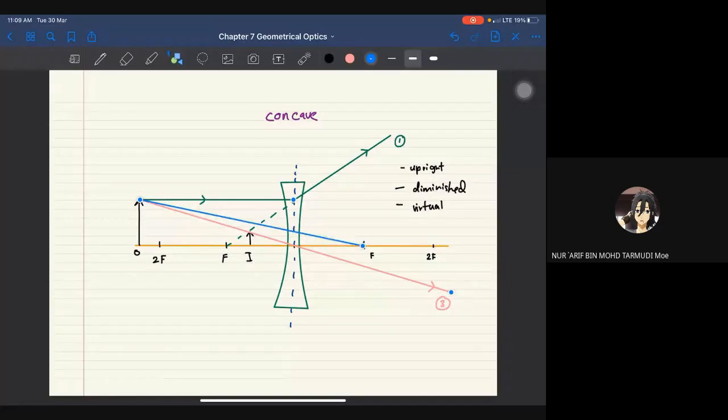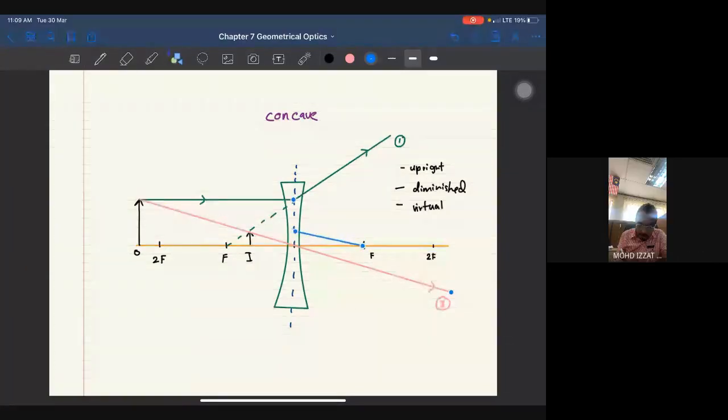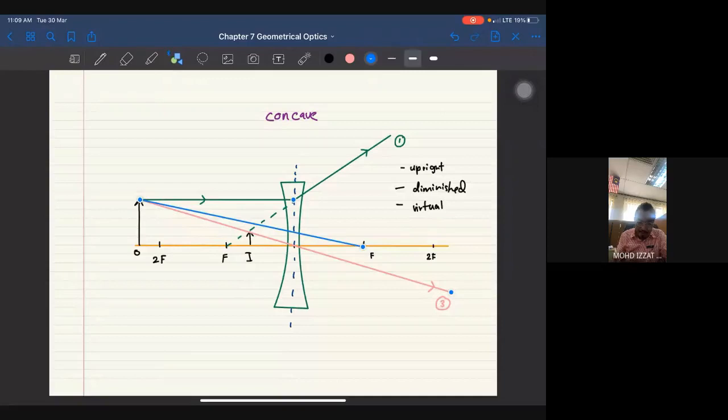Dia parallel. Yes, dia parallel. So dia pergi ke F, lepas tu dia parallel. So ini sebenarnya punya direction.